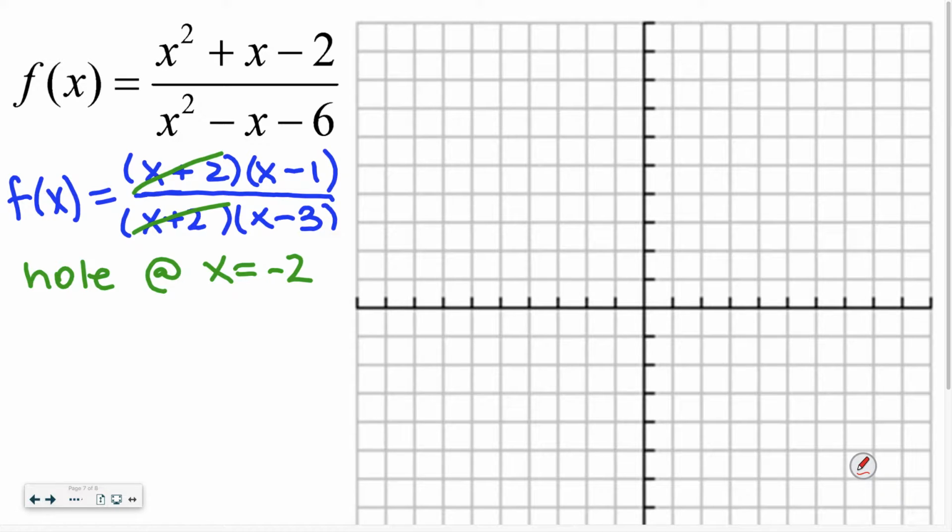Now what we can do is we can use this simplified version to help us with the rest of the graph. Okay? So our factors canceled, which means there's a hole, and now we have a simplified version. So based on this simplified version, Sophie, where would our vertical asymptote be?